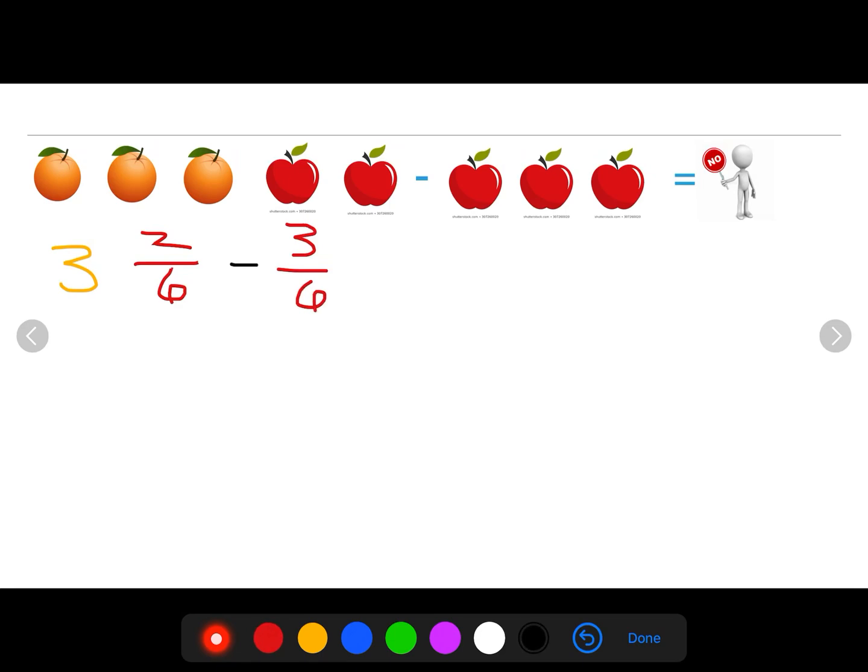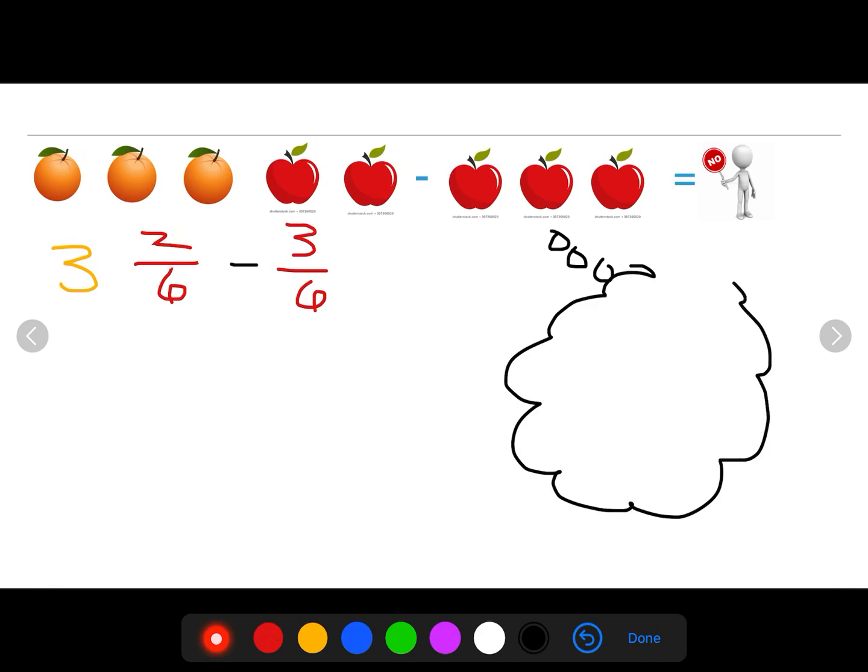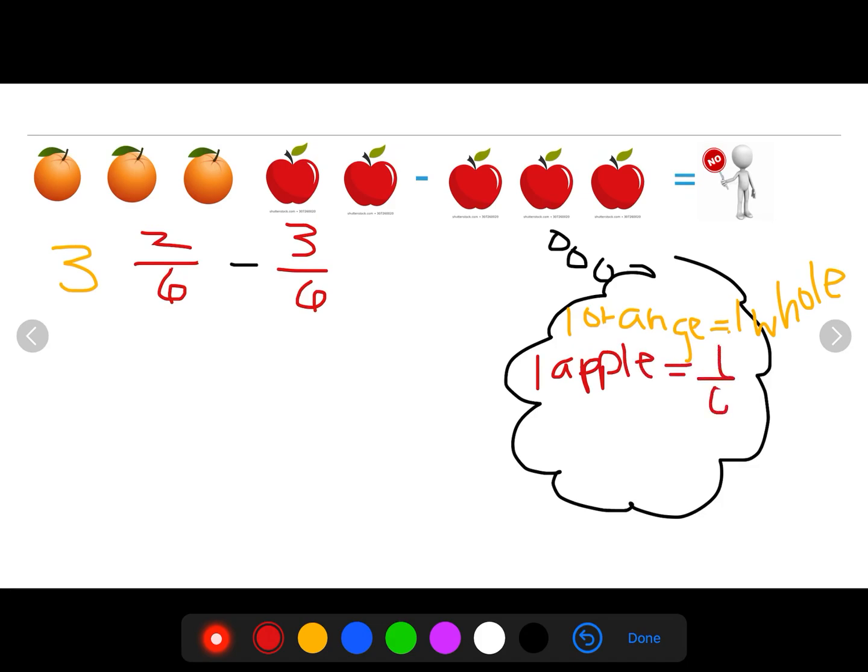You guys, I already know I can't do it, but I'm also going to make sure that I put my little thought bubble on the side and I write down notes just so we can all be on the same page. Remember, 1 orange equals 1 whole, and 1 apple equals 1/6. Let's keep going.